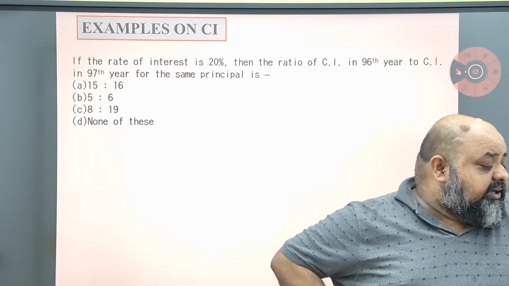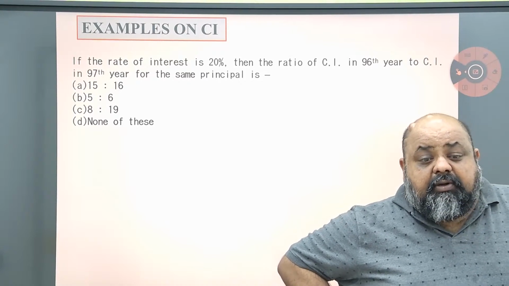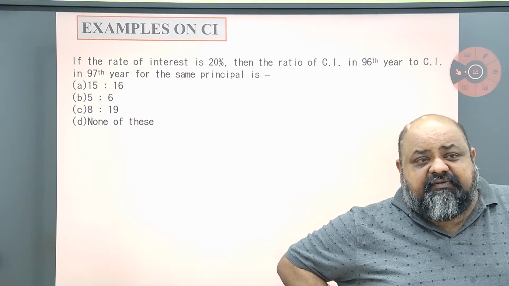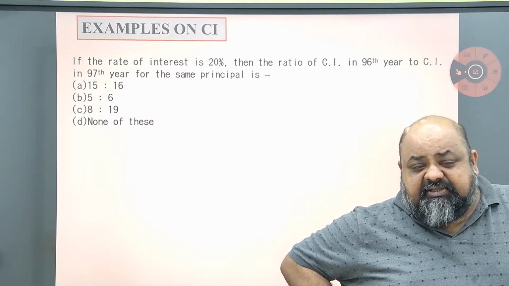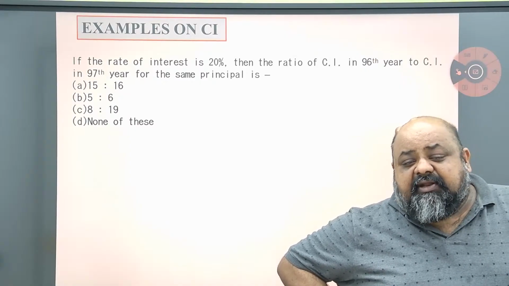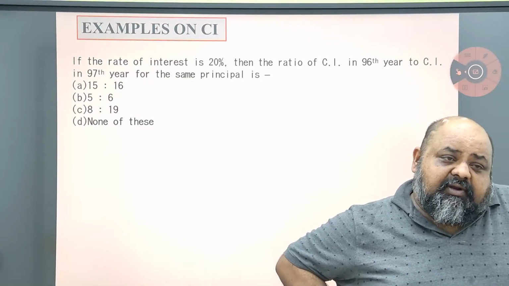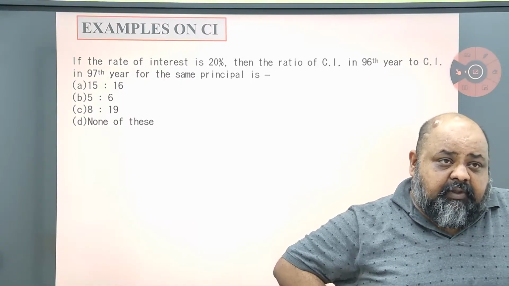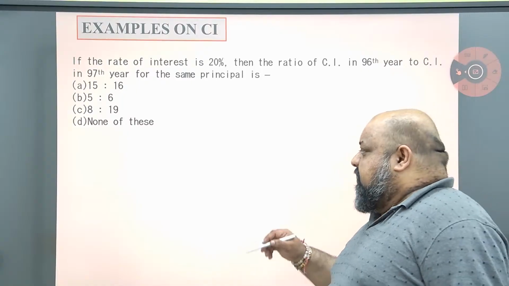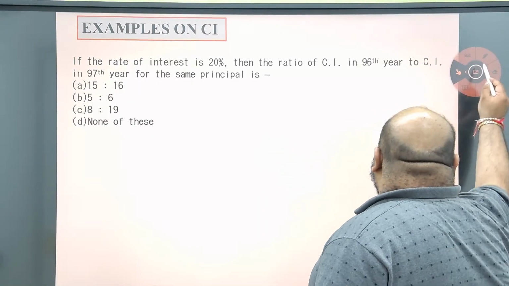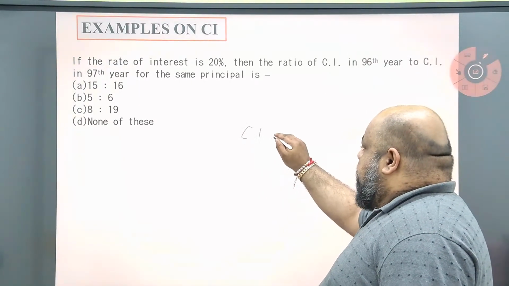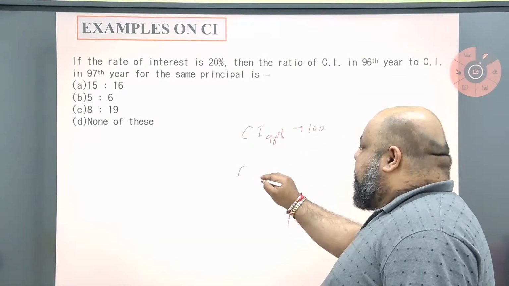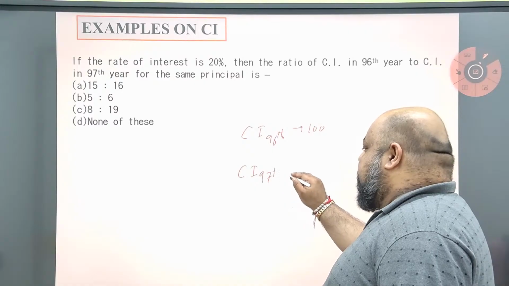There is only one property that I know that talks about compound, actually two properties, compound interest for each year. First is that compound interest of each year is R% of amount of the previous year. In this question, the amount is not being referred to. The second property for interest was compound interest increases by R% every year. So if the compound interest in the 96th year is 100 rupees, in the 97th year it will increase by R%.